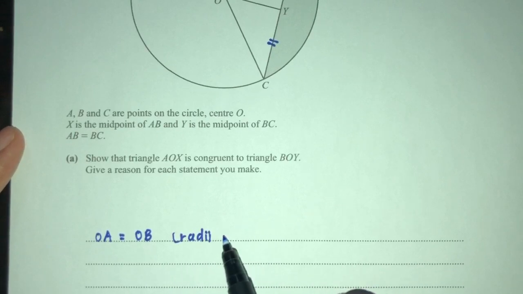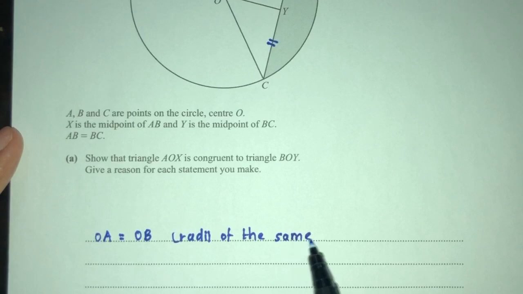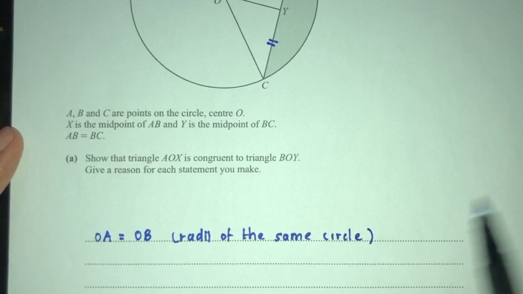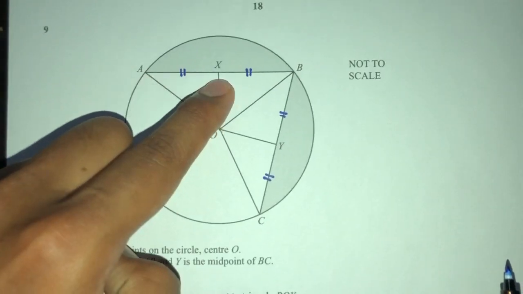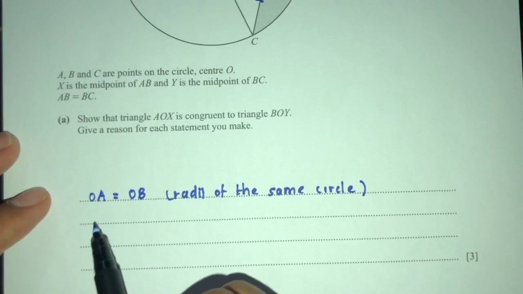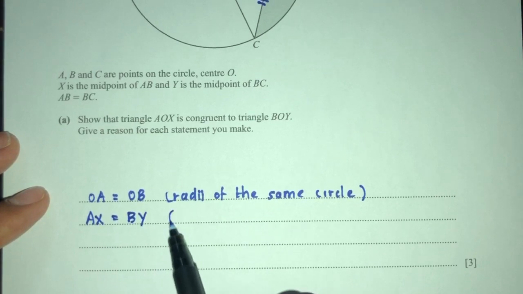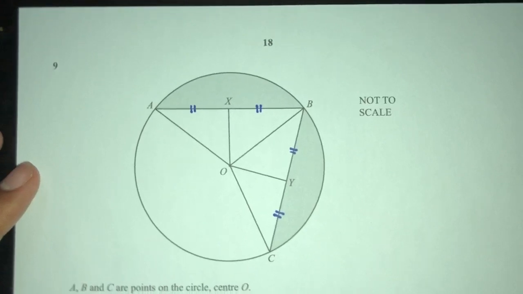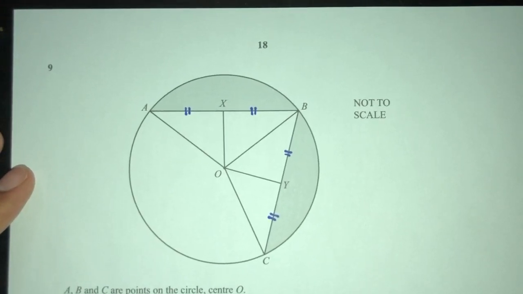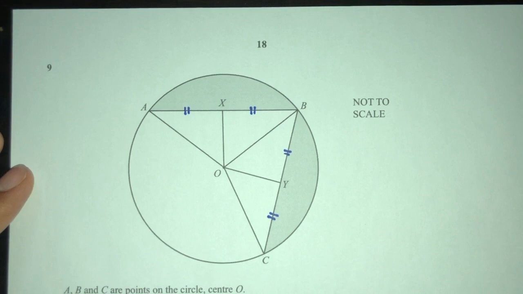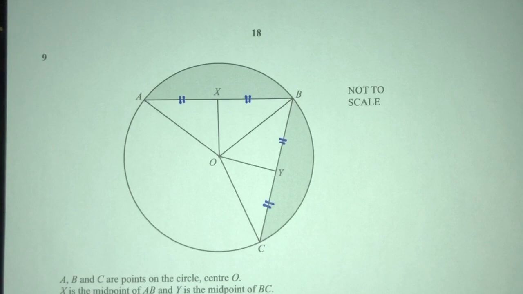Radii of the same circle. That's why it is the same. Now what else? We can say that AX and BY are the same. So AX is equal to BY. Why? As you can see, the reason is because X is a midpoint of AB and Y is a midpoint of BC. And since AB and BC are the same, these have to be the same.